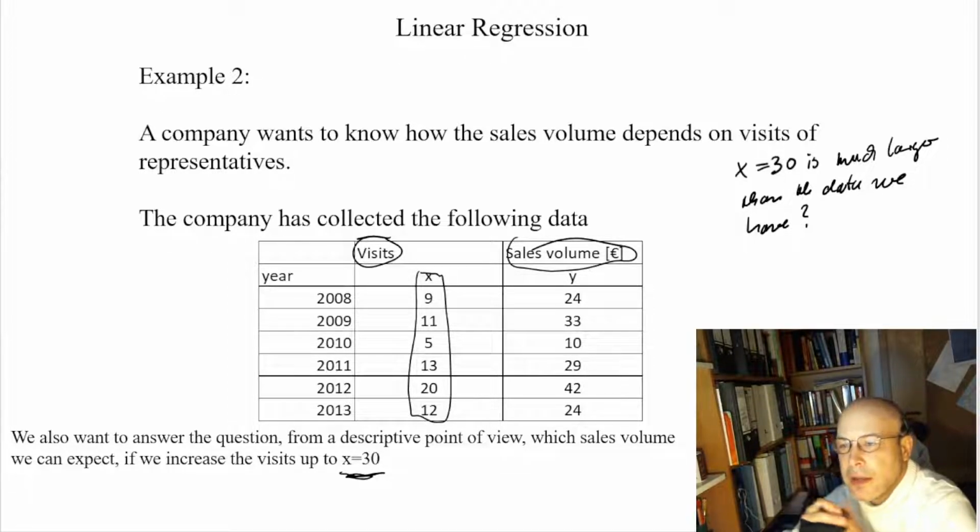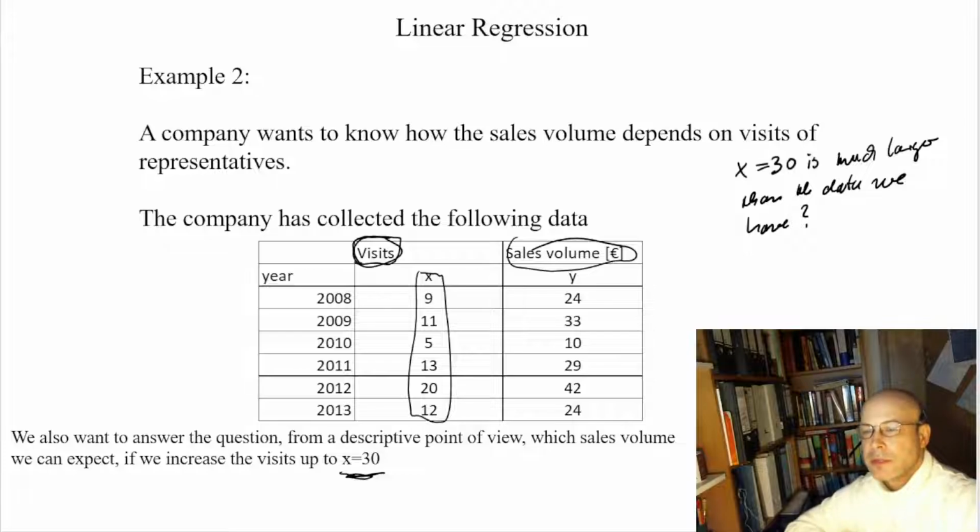So this is something similar to what we did with our forecasts. We want to have an idea what could be our sales volume if we significantly increase the number of our visits. And this is a reasonable question in a company because then maybe we need to hire new people.